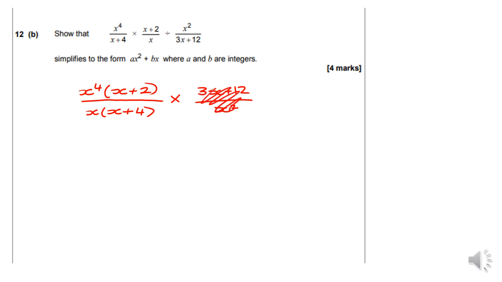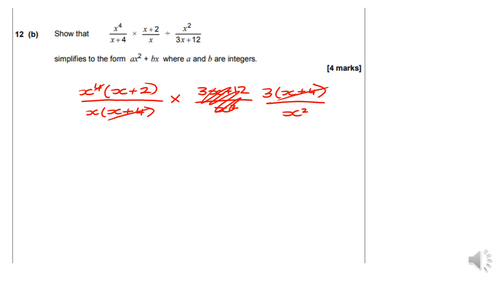So I might just rewrite that as 3 lots of x plus 4 all divided by x squared, because now you can see that an x plus 4 will cancel on the top and the bottom, so I'm not even going to bother multiplying those.